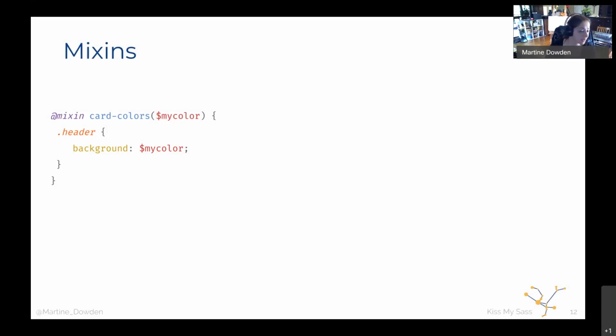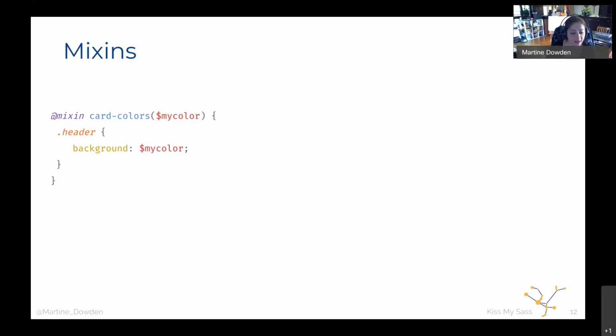You don't have to pass it in a parameter, but in this case, I'm going to, because that's what they're really good for, and that's what they're really powerful for. In this case, it's going to be expecting a color, so I called my parameter my color. And I'm going to say, hey, with this mixin, I want you to take the header of whatever I assign this mixin to and give that header a background of whatever color I passed in.